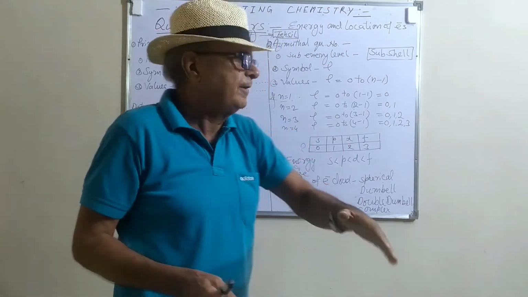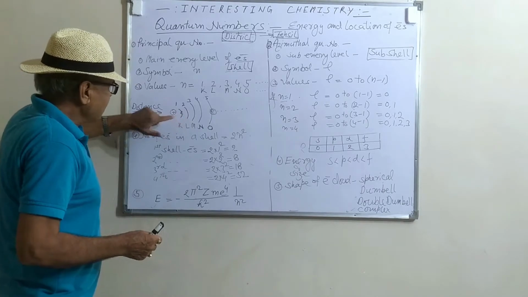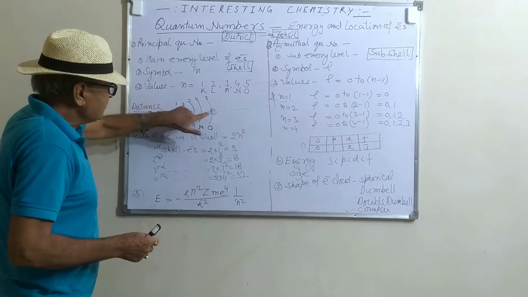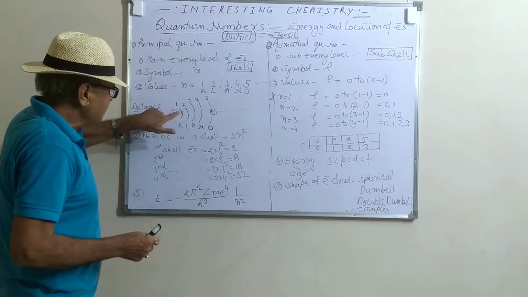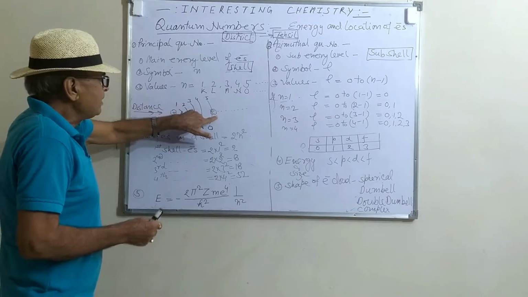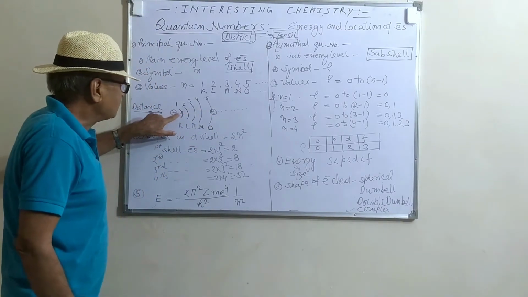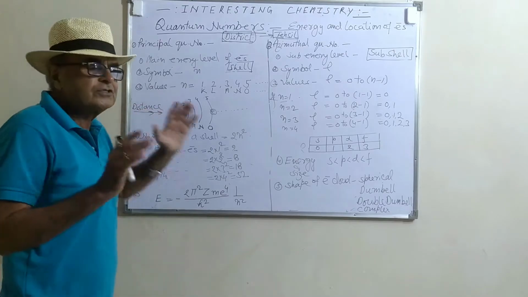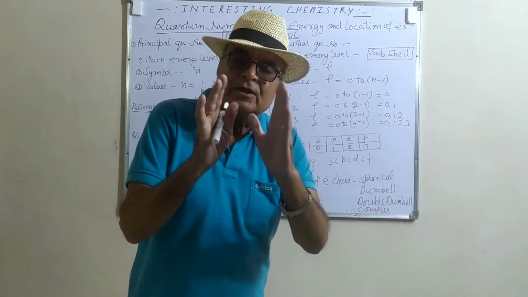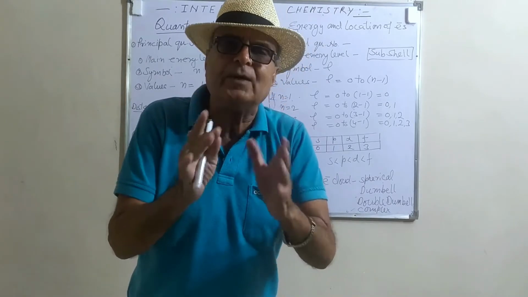So in this way, it tells us the location, that this electron is far from the nucleus and this electron is near to the nucleus. This electron is greater in energy than this electron. So according to distance, we know the energy level.